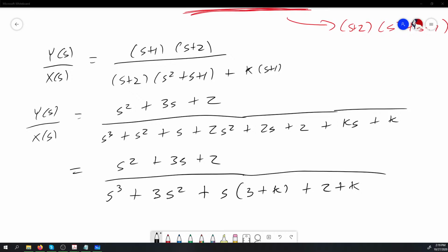But things like block reduction would be 8% of that 20%. If it comes on the final exam, a block reduction question will be like 10 marks out of the 100 marks in the final exam.